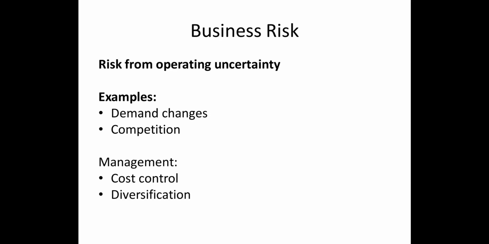Commodity price risk arises from fluctuations in the price of commodities such as coal, copper, oil, gas, and electricity that are inputs for some firms and output for others.